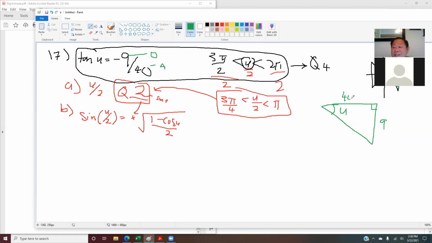But which one is negative? So this is like coordinates. This one is positive because it is on the positive side. This one is going down, so this is negative. And what is your hypotenuse in this case?